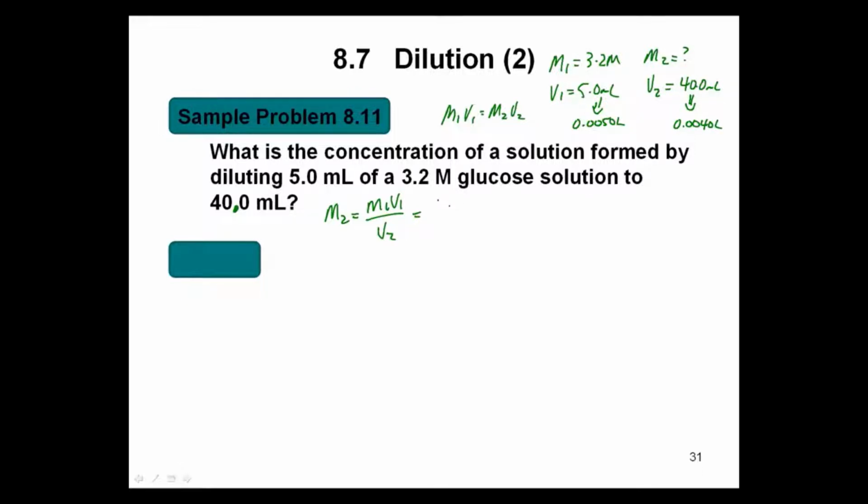So if we take our 3.2 molar, we multiply it by our 5 milliliters divided by our 40 milliliters. The reason why it's okay, as we talked about, is you can see here, milliliters and milliliters are going to cancel when they divide, and you will be left with molarity.